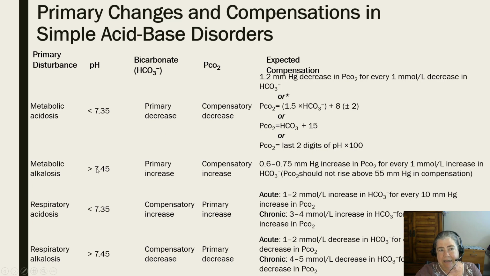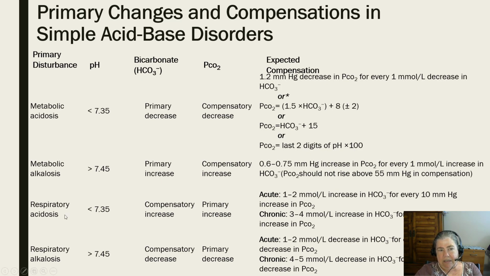Metabolic alkalosis, elevated pH, there will be an increase in bicarb and then a respiratory compensation that will increase CO2 by decreasing ventilation. So here we increase ventilation, here we decrease ventilation. You only decrease ventilation so much. So this is a limited compensation.